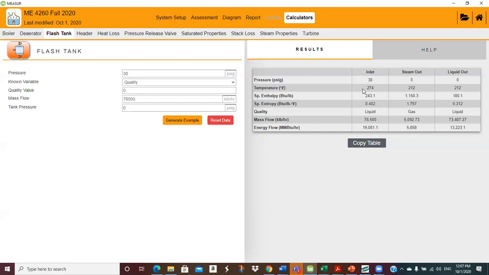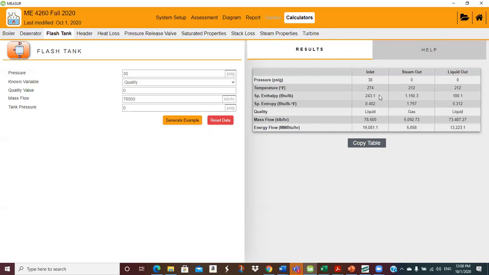So I'm not going to get 5,093 pounds of flash out of this thing. On this one, because of the way it's given to you, if it was given to you as saturated liquid at 30 psig, this would be the right answer. Okay, and you can see here's the enthalpy. If it was saturated, that enthalpy would be 243.1.